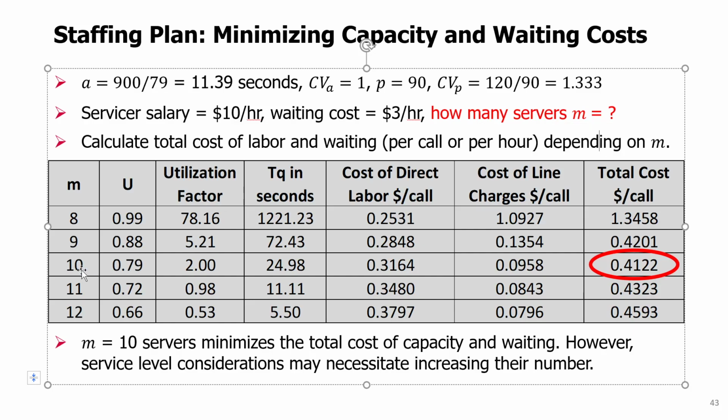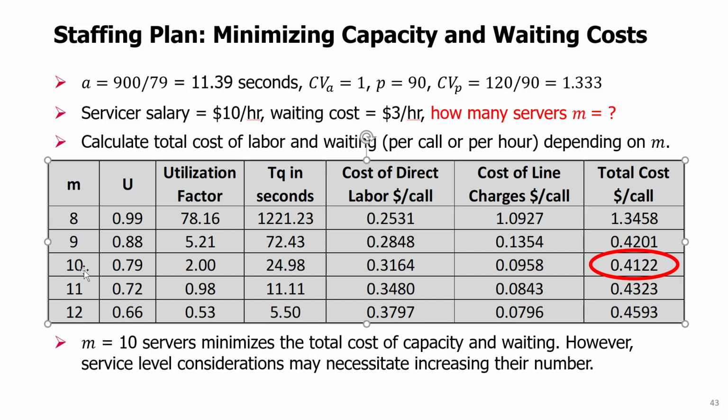If you recall, we already calculated for m equal 10 that the utilization was 79%. Here I'm showing the utilization to show you how rapidly it changes when we decrease the number of servers. And we have the average waiting time, which, if you recall, was almost 25 seconds in the case of 10 servers.